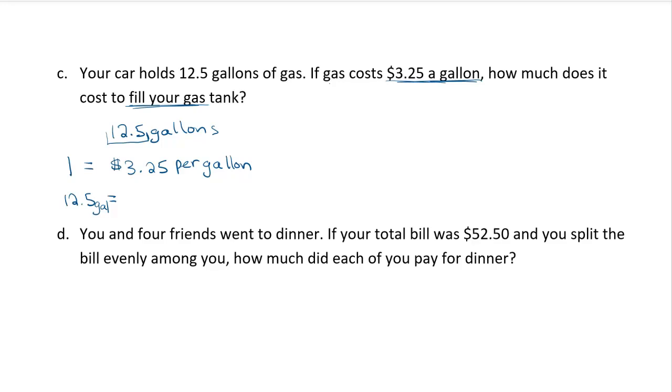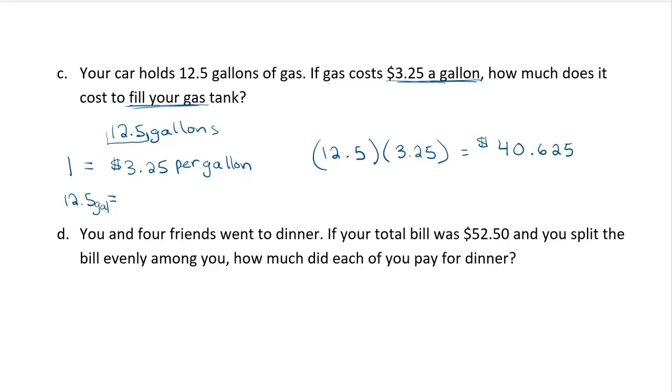So we just need to take that 12.5 and we need to multiply it by the $3.25, right? That is going to give me the cost of going to the gas station and fully filling an empty tank of gas.